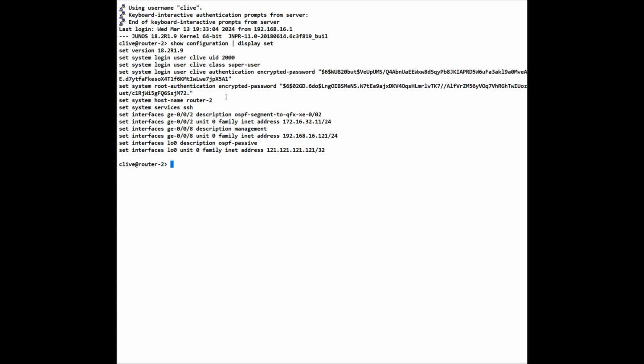On router 3, we have GE003 that is going to participate in OSPF, and the loopback address. And on router 4, we have GE004 that is going to participate in OSPF, and we have the loopback address here too.